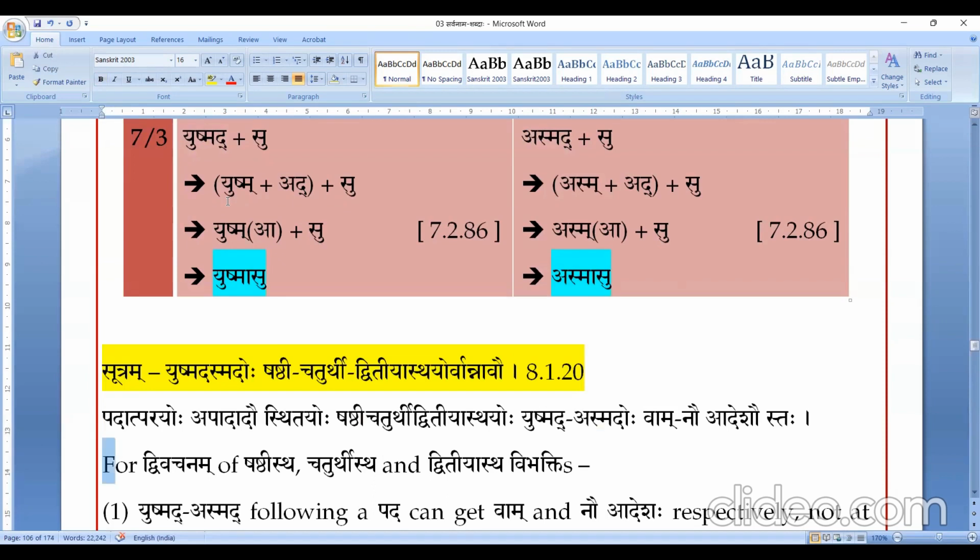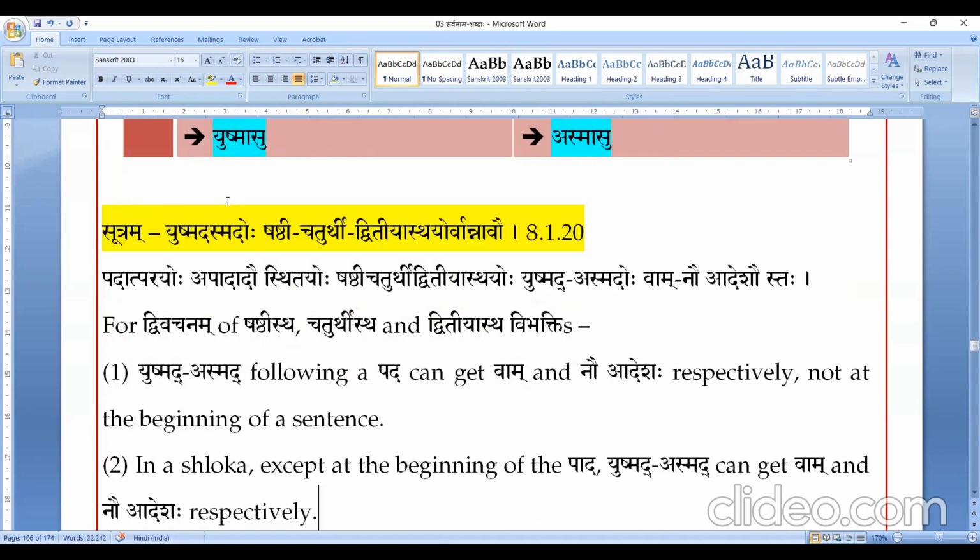So we have Dvivachana Shashthi and Chaturthi. For Yushmad and Asmad, in Shashthi we have two forms. Chaturthi also, like Me, and of course Mama, Me in Shashthi. Similarly Dvitiya: Tvam, Tva, Vam, Yushman, Vah. So we have alternate forms.